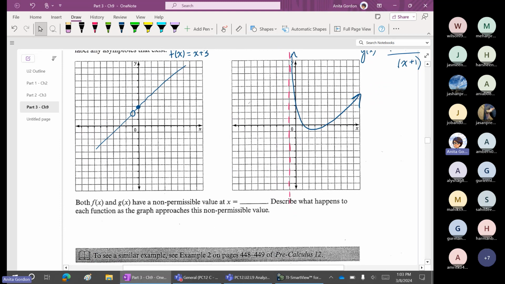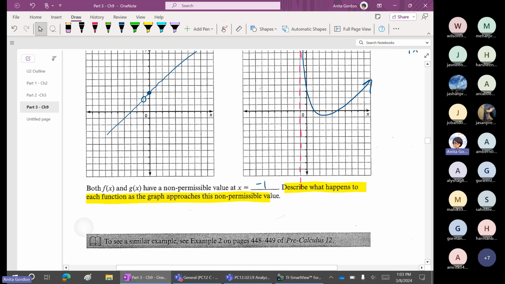All right. Concluding statement: both f and g have a non-permissible value at x equals -1. Describe what happens as each function approaches the non-permissible value. This is where we're stepping into the territory of calculus. I'm going to show you some notations.